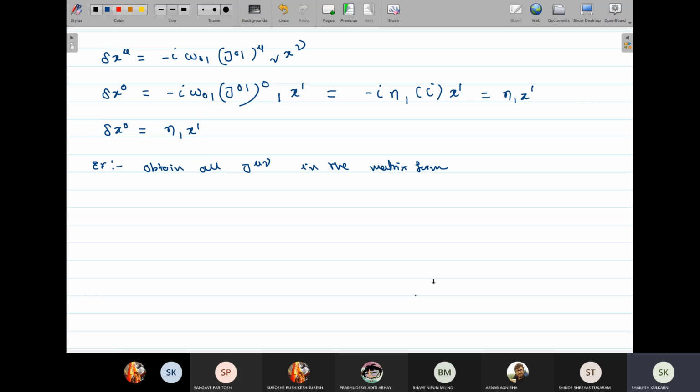In usual three-dimensional space, suppose you want to see the effect of rotation on some vector in 3D. You take the 3 cross 3 rotation matrix, act on that vector, and you get another vector, right?